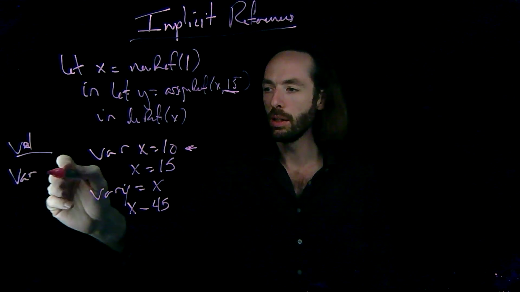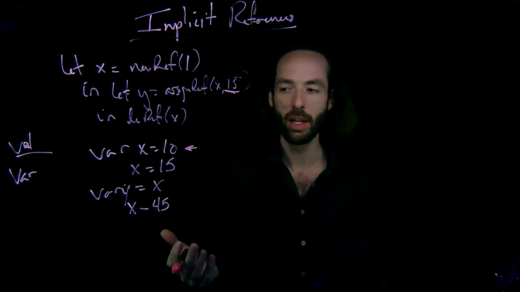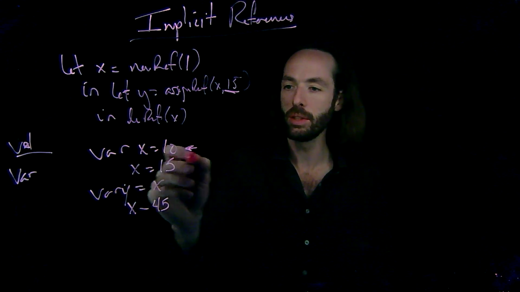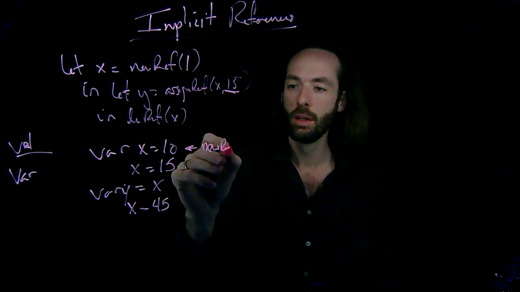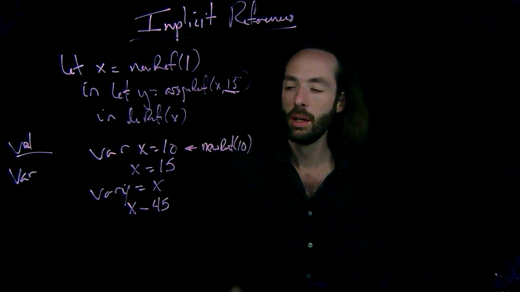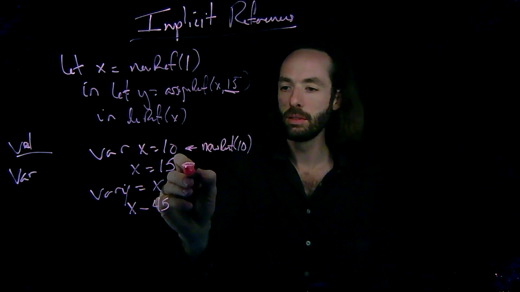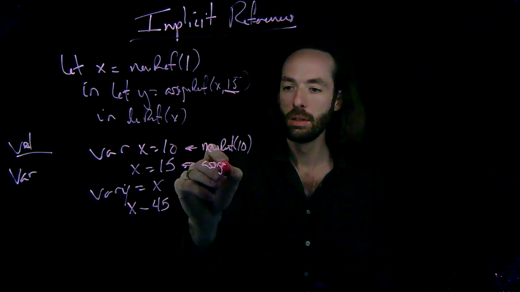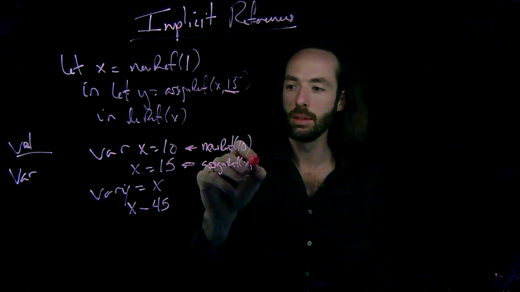Then we also have vars, which are mutable, so we can change their value. That's exactly what we're doing here. So this is sort of an implicit new ref of 10. This change is something like an assign ref, x to 15.